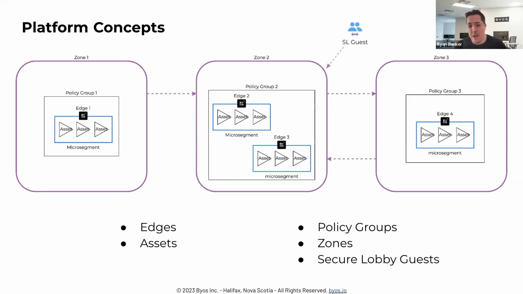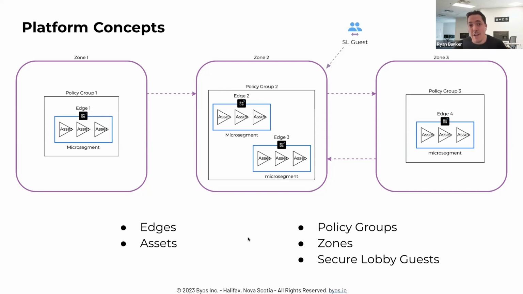Now, what happens is policy groups are what edges are assigned to. So, policy group 2 on the screen has 2 edges that belong to it. The policy groups determine the internal and external networking settings, the blocking and filtering rules, and ultimately the zone membership.